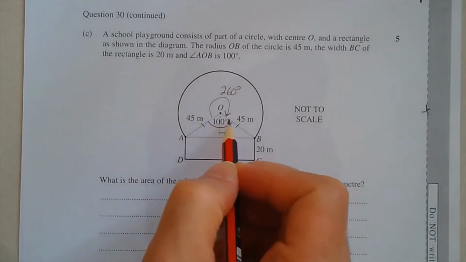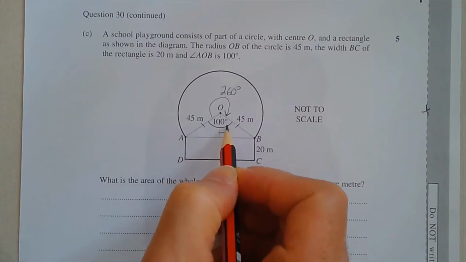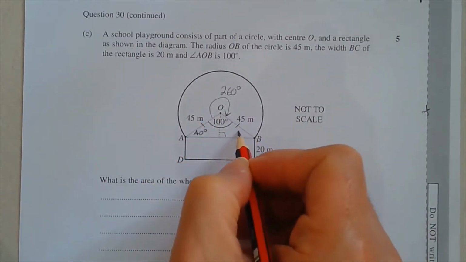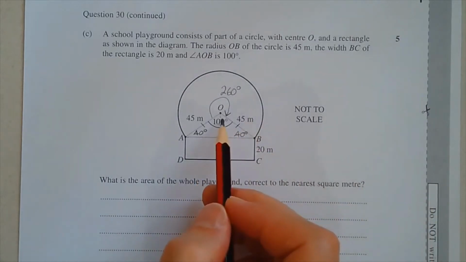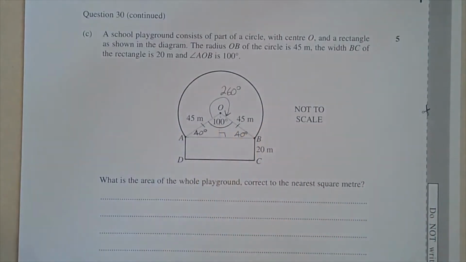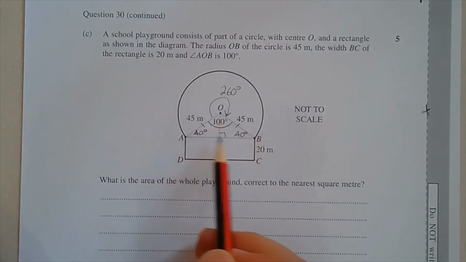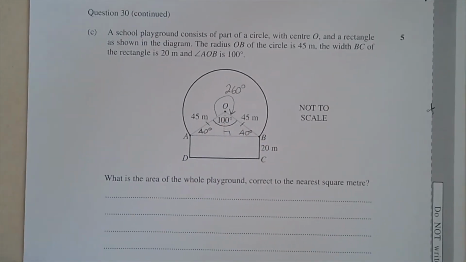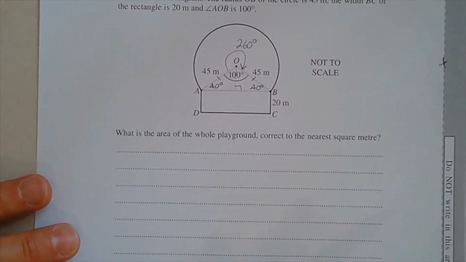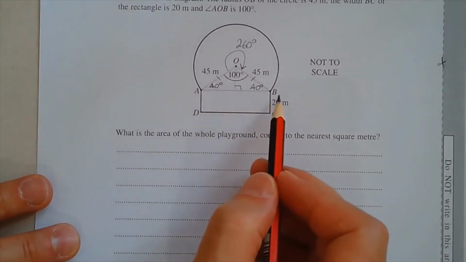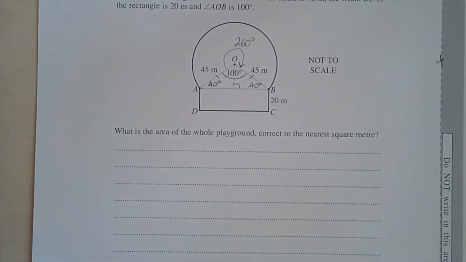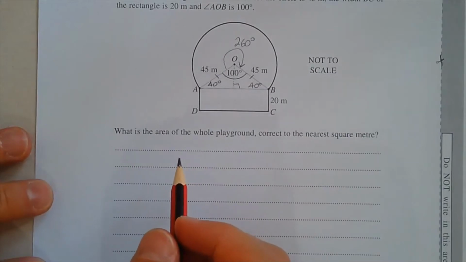So you have 100 degrees, that will be 50 degrees, 50 degrees. This would be 40 degrees there and 40 degrees there, since the angle sum of a triangle has to add up to 180 degrees, and being isosceles, these base angles must be equal. So that's the approach that I'm going to take for this solution. So let's work out AB first, since we need that to be able to unlock this entire question, or to answer it completely.